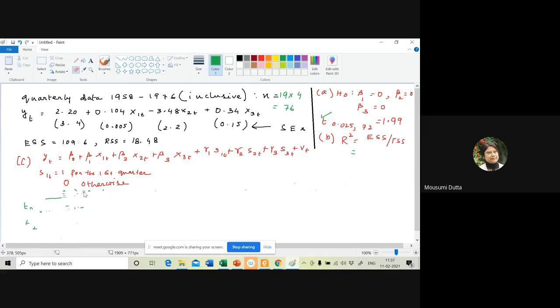So let me move to part C. I hope by this time everybody could complete the calculation. It is 0.86. So let me move to C part.